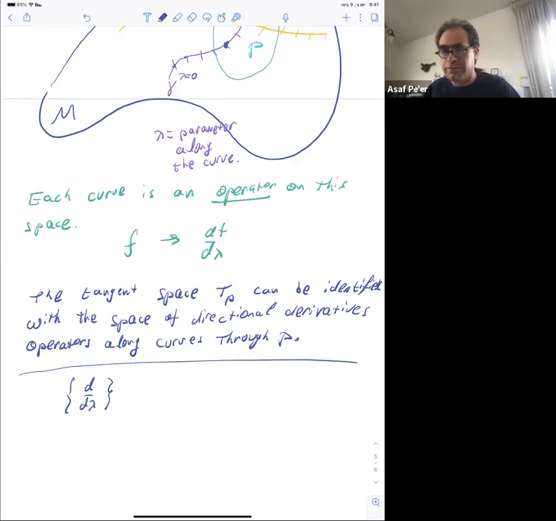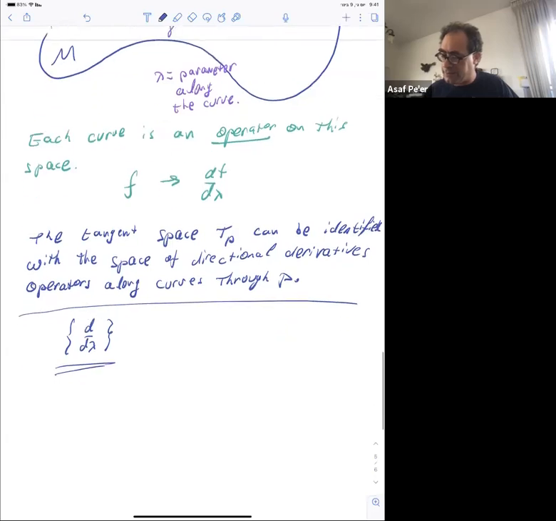The fact that this is a vector space is pretty straightforward. What do you need for a vector space? You need to be able to multiply by a scalar, which you can, and add them, which you can. And you need to check that it closes.